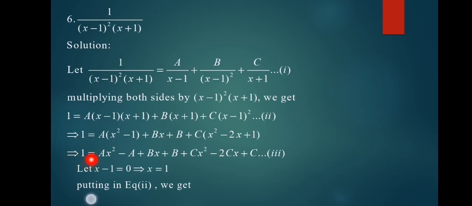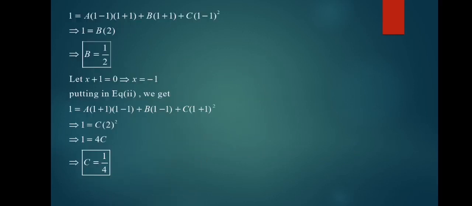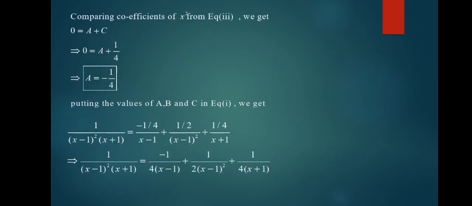So after comparing the coefficient of x square from this equation, we will be having 0, since on the left hand side we do not have any term containing x square, so we will consider it as 0. So 0 is equal to a plus c will be the equation by using which we would find out the value of a. Since we have the value of c with us, that is 1 by 4, we will put c equal to 1 by 4 to get the value of a as minus 1 by 4.